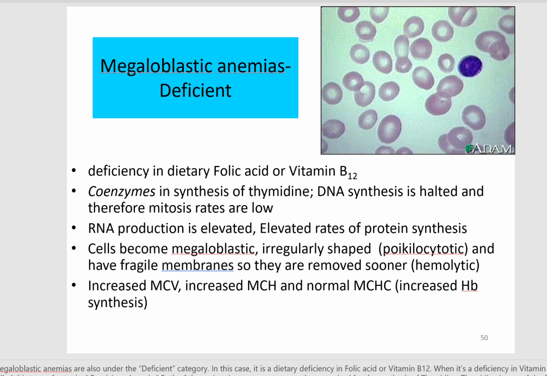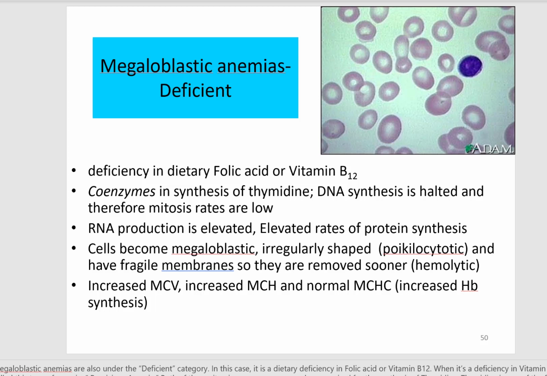Thymidine is a nucleotide. It is important for DNA synthesis. I'll remind you that in DNA synthesis, thymidine is base paired to adenine. When we are synthesizing DNA during the S phase, during the cell cycle, for every A, you need a thymidine.